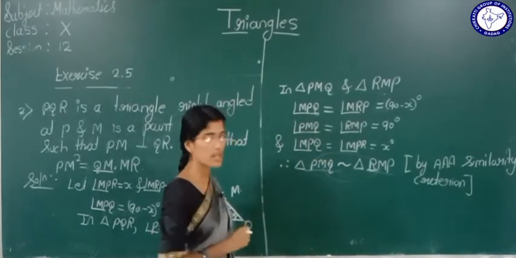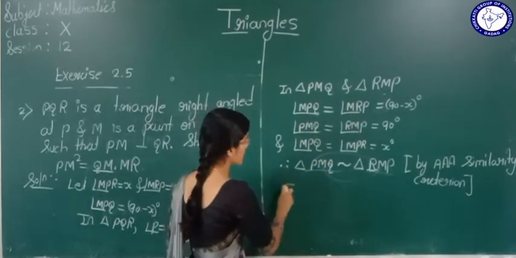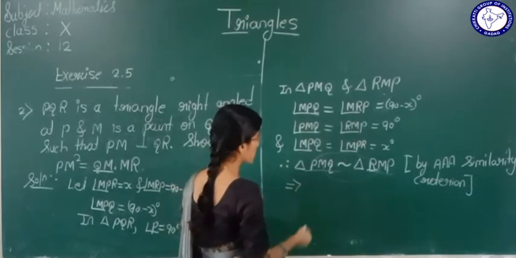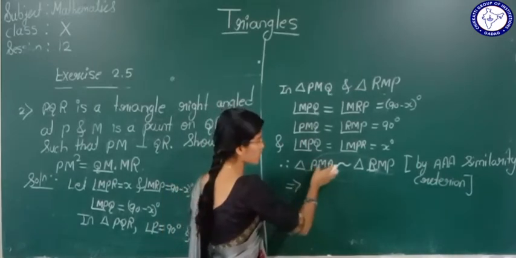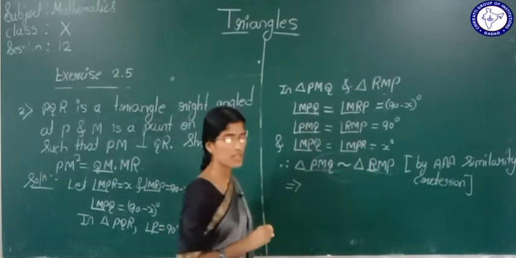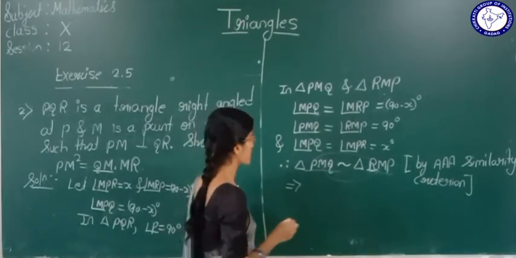If these two triangles are similar, their corresponding sides are in the same ratio.